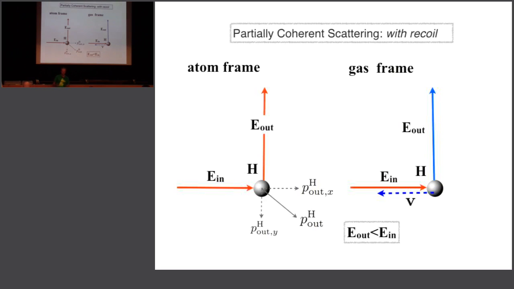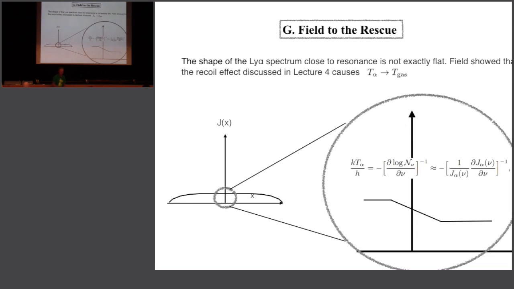It turns out that this kick, this recoil effect, is responsible for inducing a slight change in the frequency around the Lyman-alpha resonance. And this actually drives the color temperature to exactly the gas temperature. I think this is why we call this Wouthuysen-Field.